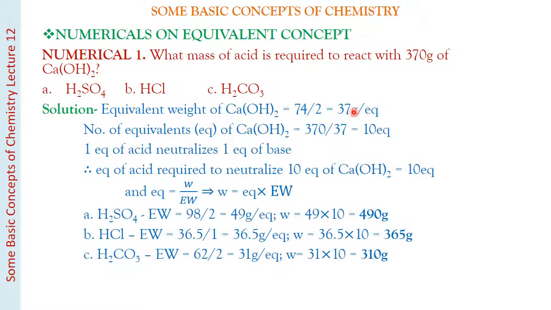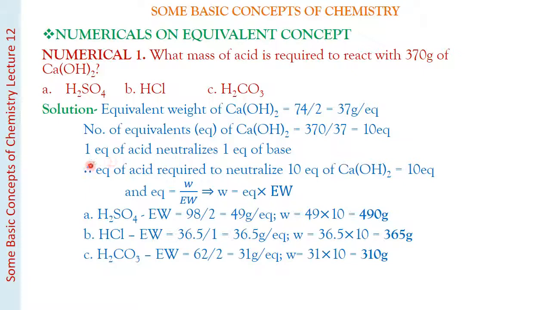And you know that for all acid-base reactions, one equivalent of the base is going to react with one equivalent of the acid. So we will find the number of equivalents of calcium hydroxide in these 370 grams first. The number of equivalents of calcium hydroxide is 370 divided by 37, which is 10 equivalents.